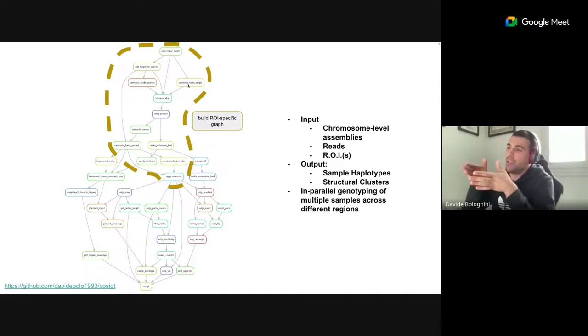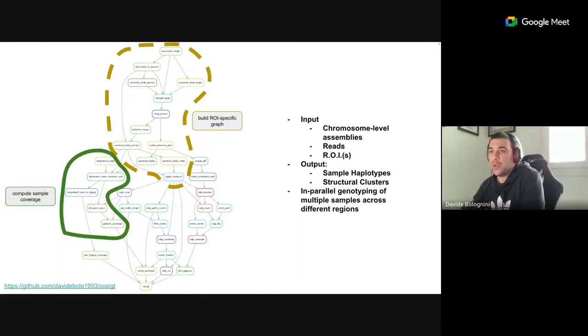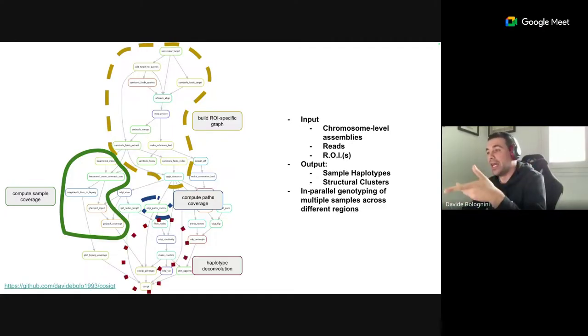So the first thing we do is pinpoint the region we are interested in, and then we build locally a variation graph for that part. Then we compute the sample coverage, what I was mentioning before in the introduction. We compute the path coverage, again from one of the previous slides. And then we do the so-called haplotype deconvolution, which is the genotyping itself.